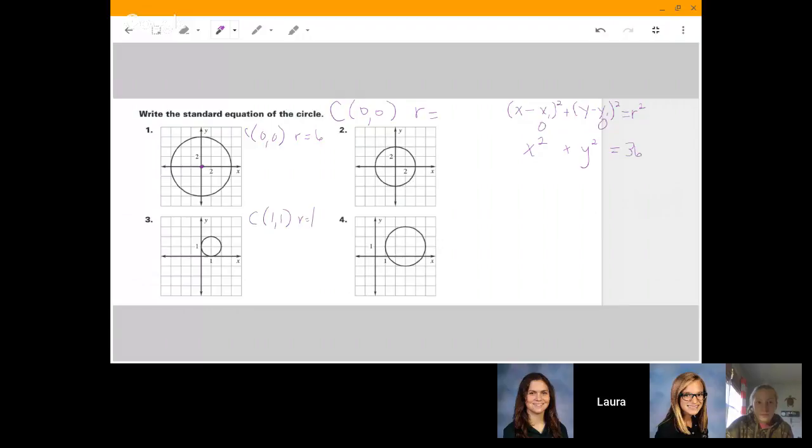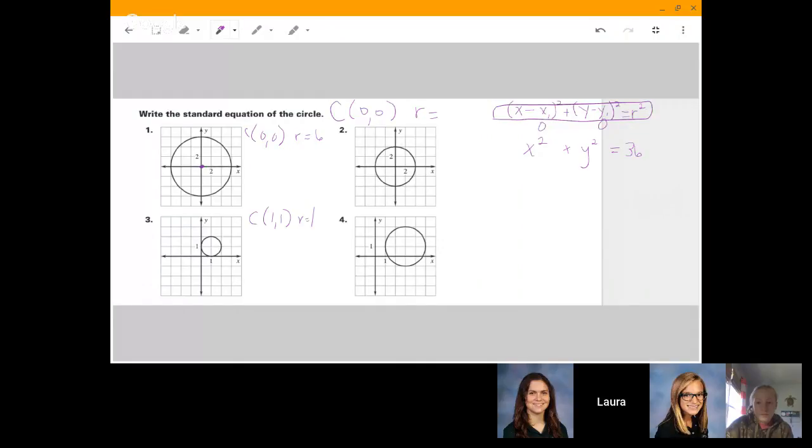Okay, so you need those same pieces of information, and you need the same starting equation. But this time you're going to take that center and plug it in, and it won't make everything in that parentheses equal x.